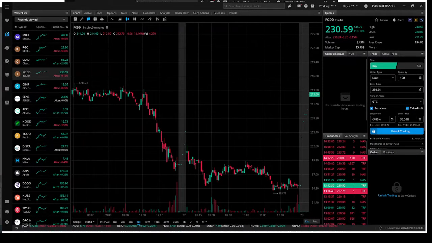Like you can see on my screen, I have this set automatically. Stop loss, well, mine is about 3%, but that's not realistic. It's always 2% or less, and I have my take profit at 35%, which is sometimes not realistic depending on which kind of trade I'm performing.